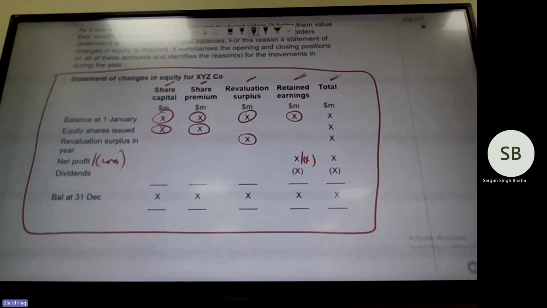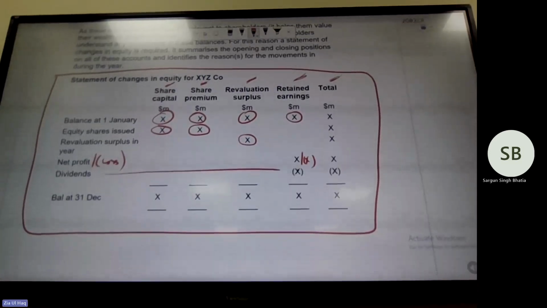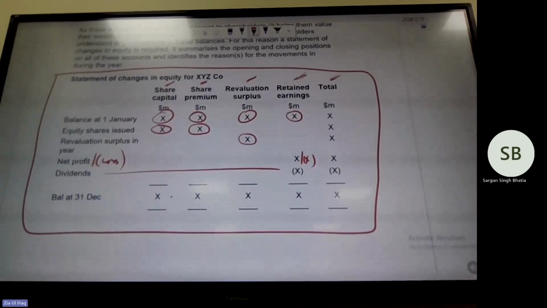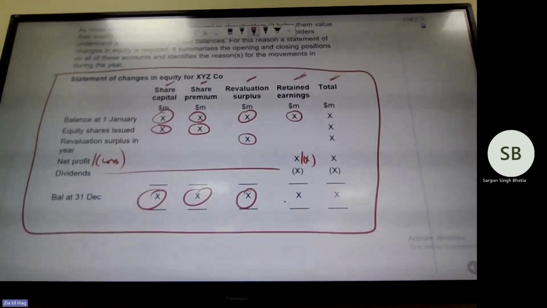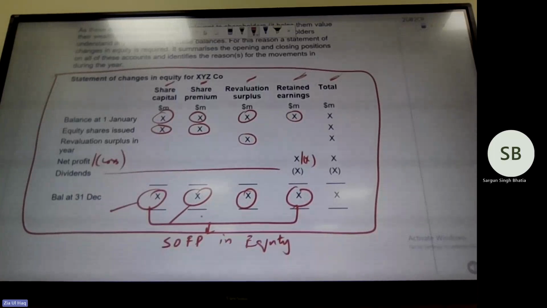Any dividend paid during the year, we will record by deducting from retained earnings. Then we make the total of all 4 columns, and these totals will go into the statement of financial position under the equity heading: this total for share capital, this for share premium, this for revaluation reserve, and this for retained earnings.